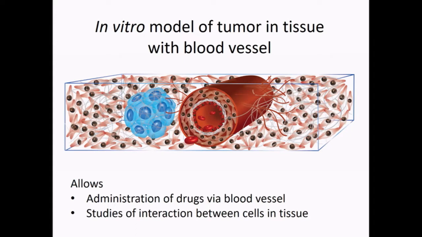And then it would be good to have a tumor in the surrounding tissue, and preferably also be able to see how the cells are communicating with each other and also with the blood system. Especially for the newest type of cancer treatments, immunotherapy, it would be very good to be able to see how something goes from the blood system into the tissue and how it affects the cells. So we are trying to make a model where we also have a bigger blood vessel to be able to administer drugs through.